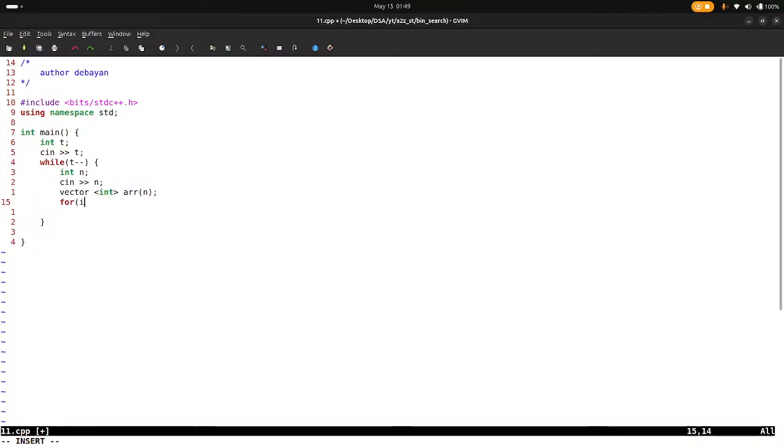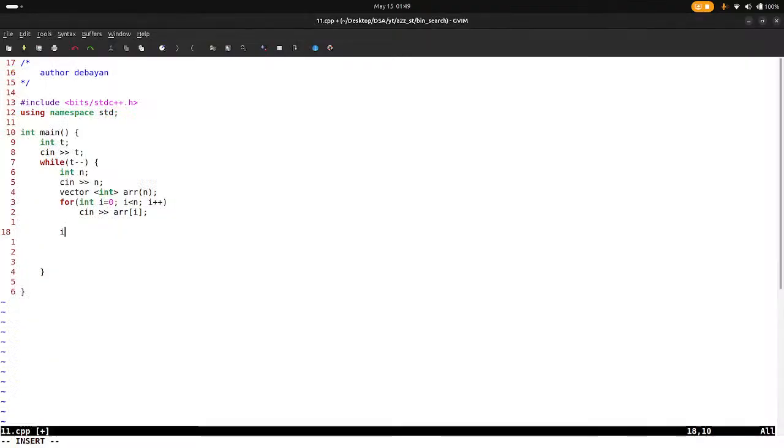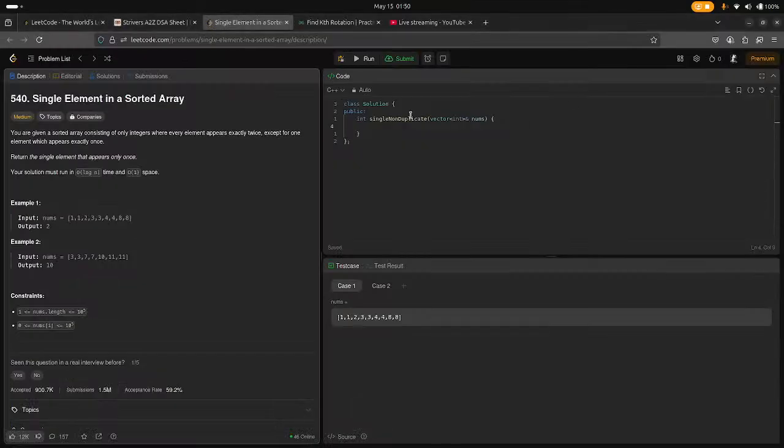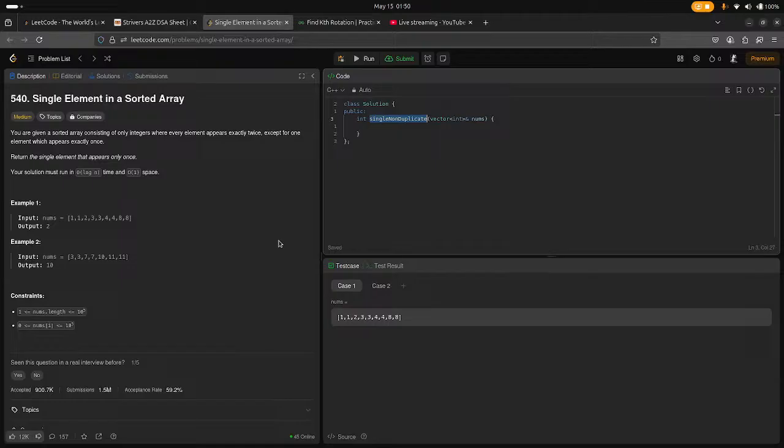Take the values. I have just int answer equals to, add your nums. I have nums.